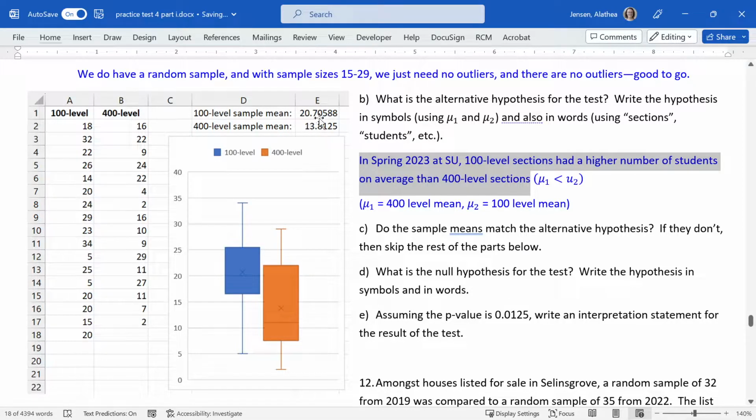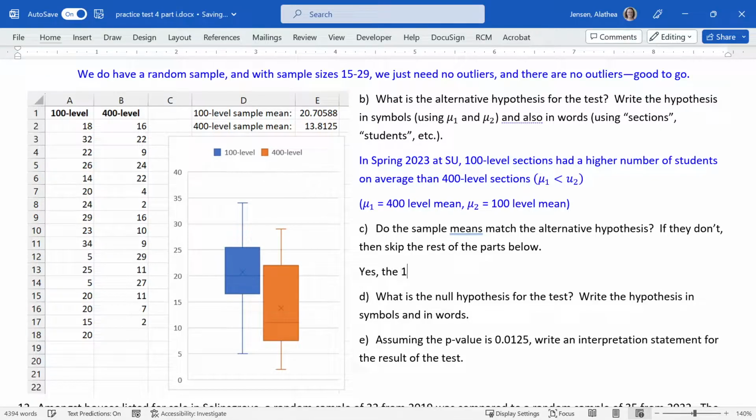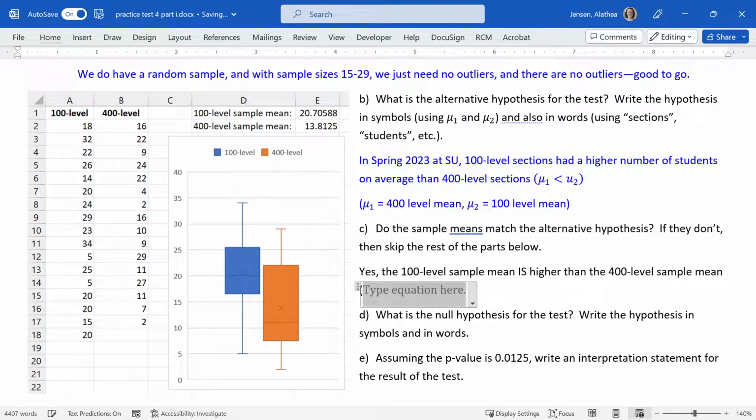So the 100 level sample mean, yes, it is higher than the 400 level sample mean. Or another way to say it, if you want to put it in symbols, is M1 less than M2, where M1 is the mean for the 400 level classes and M2 is the mean for the 100 level classes. Those means again were just 13.8 and, rounding a little bit, 20.7.